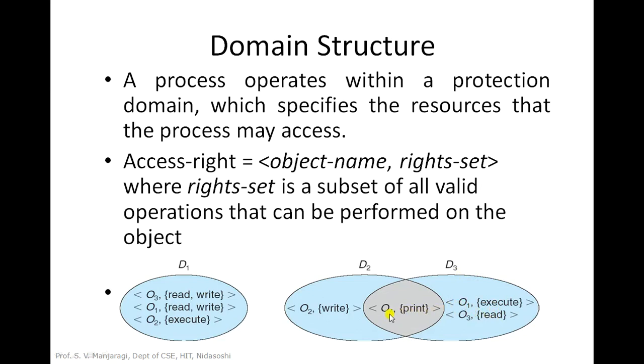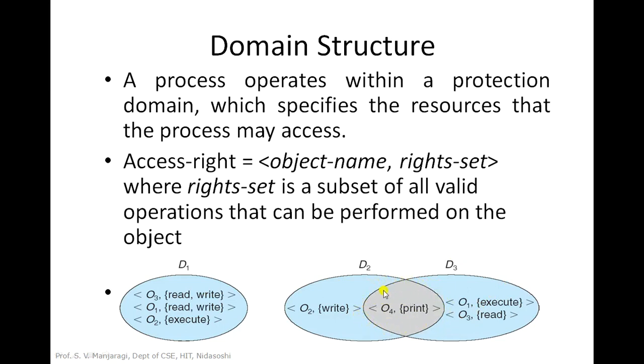But if you look at object O4, here the access right or operation set is print, which is common for two domains D2 and D3. So this particular object is shared by the two domains D2 and D3, and we can see overlapping of the domains for this object O4.